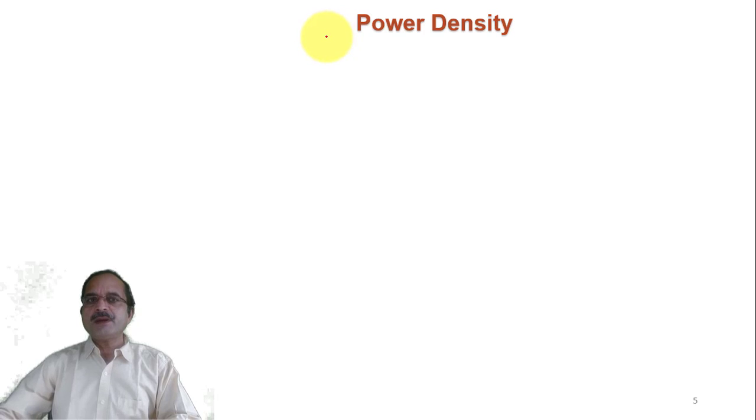Now before going to the derivation of Poynting theorem, first we will revise some concepts about the power density, the instantaneous power and the average power, some equations which are useful while solving problems.